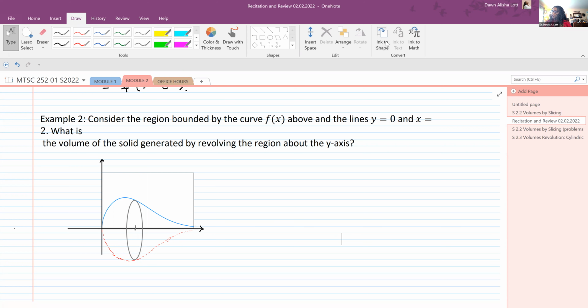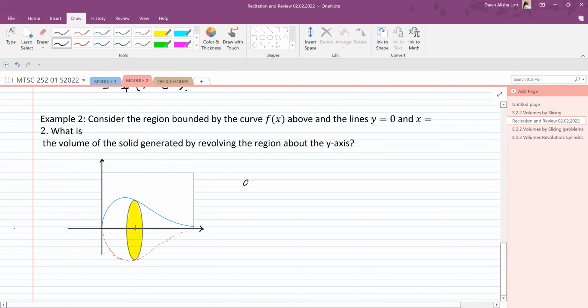So when I revolve this about the x-axis, I get the disk. As you can see, this is my area. My area for the disk method is always pi times the radius squared.